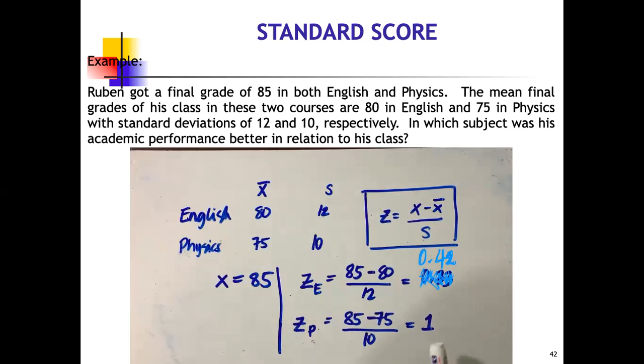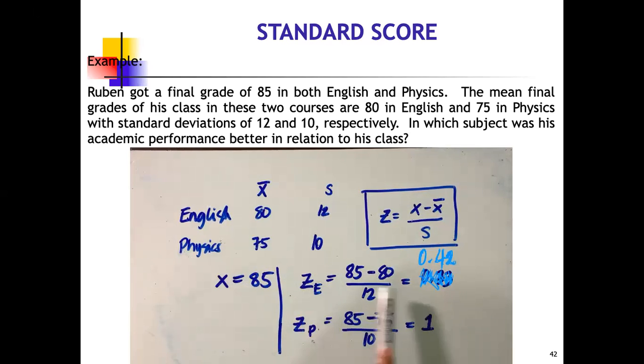Now how do we interpret this? That means his score of 85 in physics is 1 standard deviation above the mean. Now how do we indicate that it is above or below the mean?